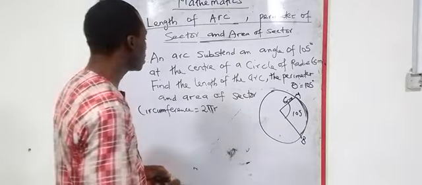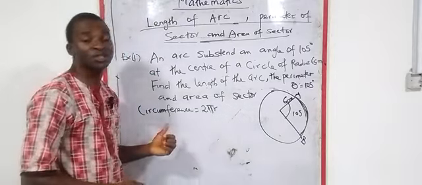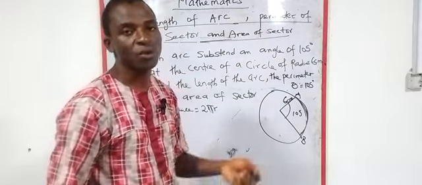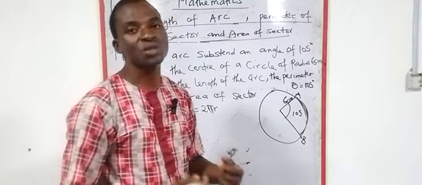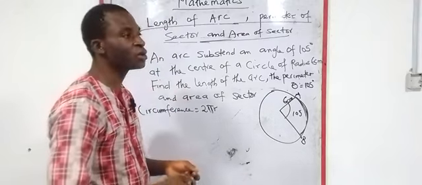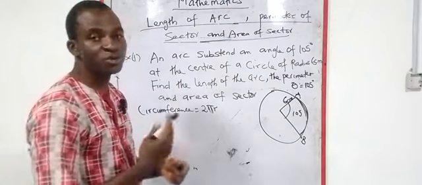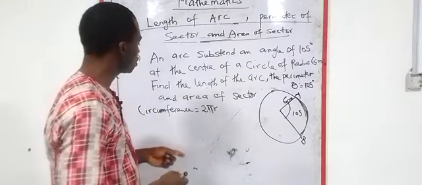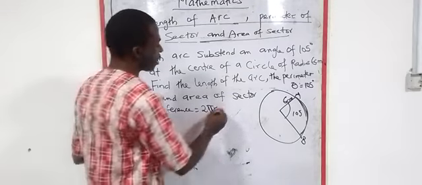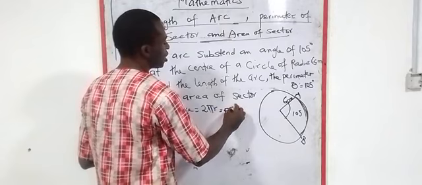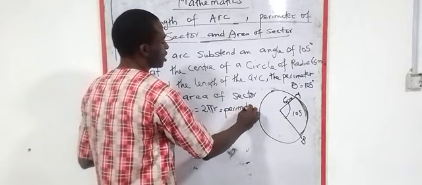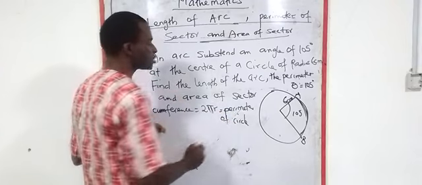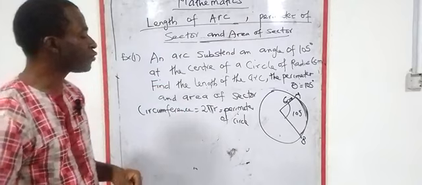That is why we call the circumference of a circle the perimeter of a circle, because it gives the boundary around the circle. By formula, the perimeter of a circle is equal to 2 pi r. So we call it circumference or perimeter of a circle.